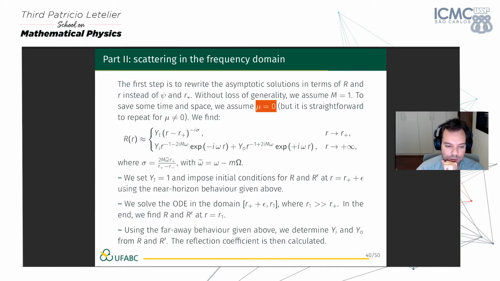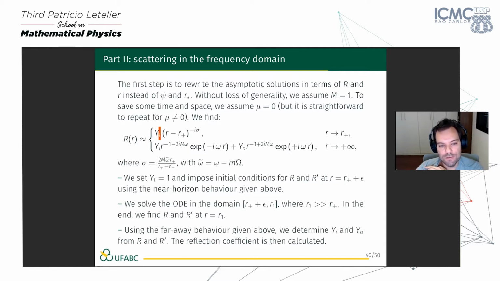So we have here 3 observations. The first thing is that the equation is linear. So the differential equation is linear. So if you have a solution and multiply by a constant, you obtain another solution. So basically, the first thing we can do is divide everything by this coefficient here, YT. So YT, YI, and YO are constants.